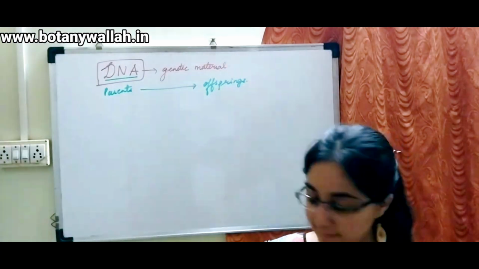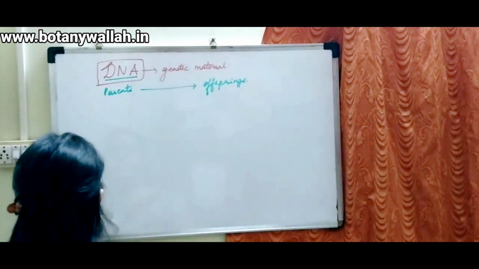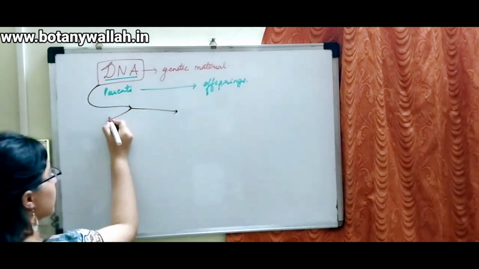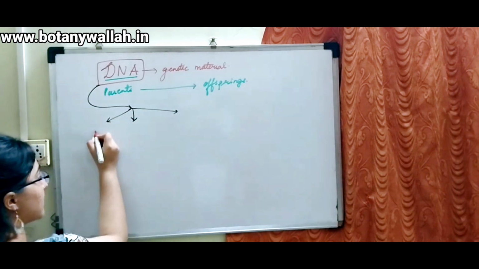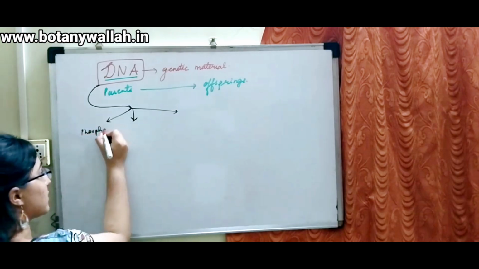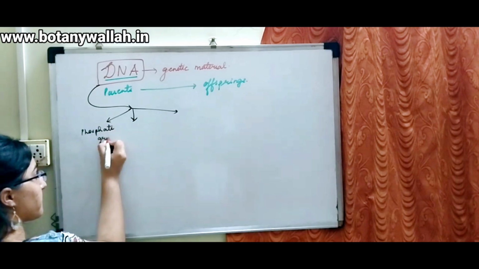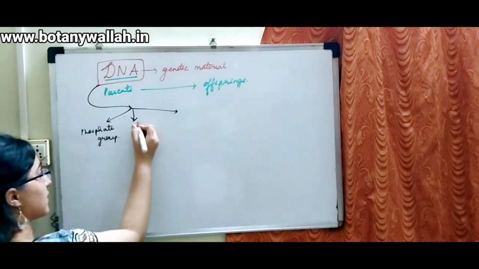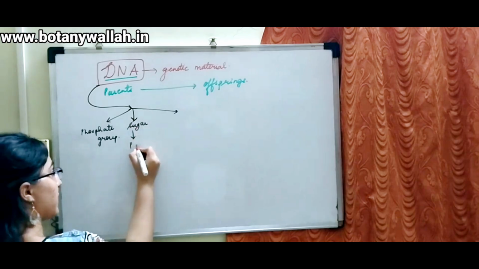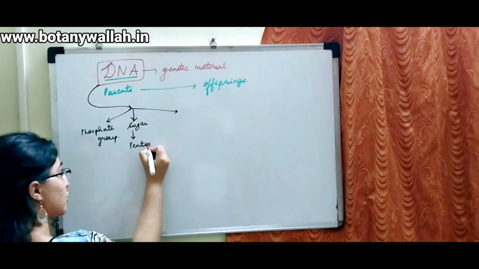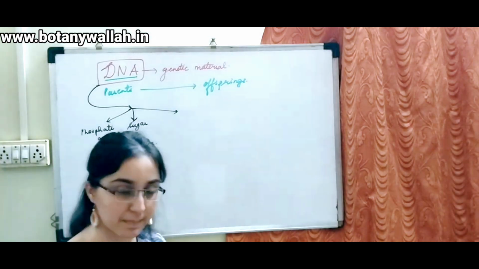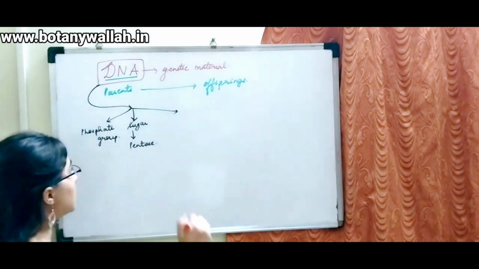So I was telling that DNA has three parts. What are those three parts? First is the phosphate group. Second is sugar, and specifically it is pentose sugar, which means 5 carbon sugar.